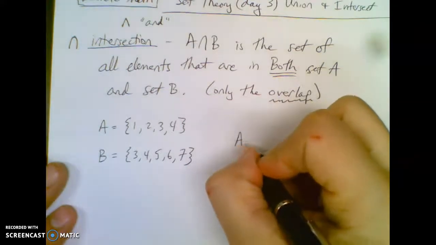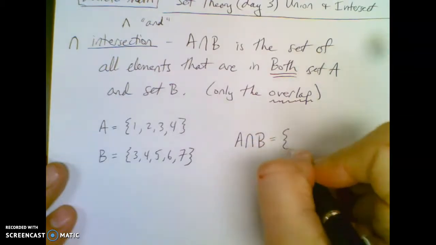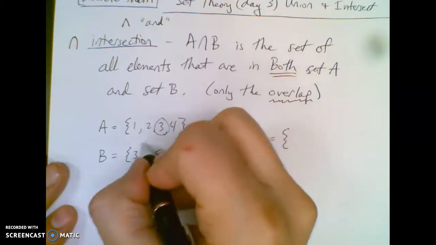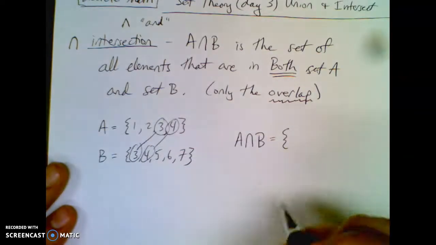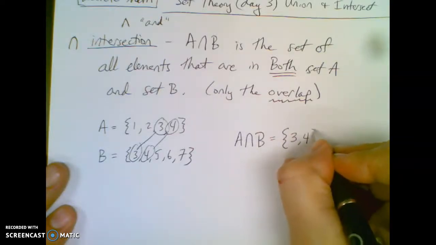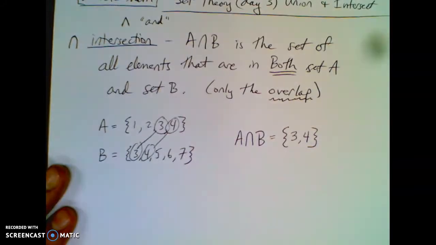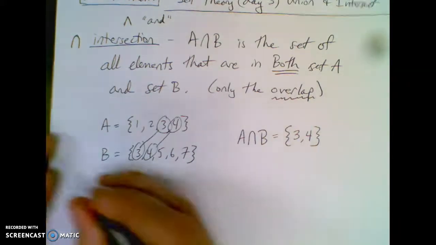I can take set A and intersect it with set B, and the result is just where they overlap. So if you look at it, remember, these don't have to be in any certain order, but they both have a 3 and they both have a 4. There are no other elements that overlap between them. So the intersection, or the overlap between them, is {3, 4}. It's a new set. It's called A intersect B. Okay, so that's what intersection looks like. When we do Venn diagrams next lesson, we'll just have a visual for this exact same thing.